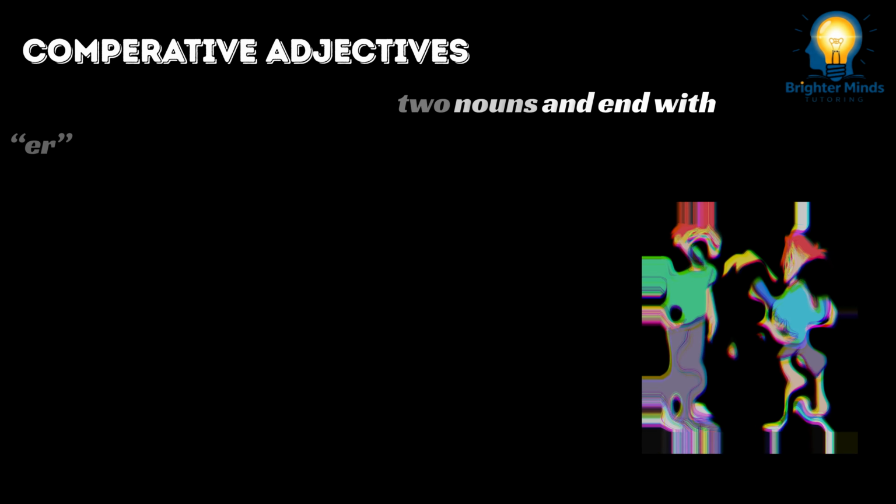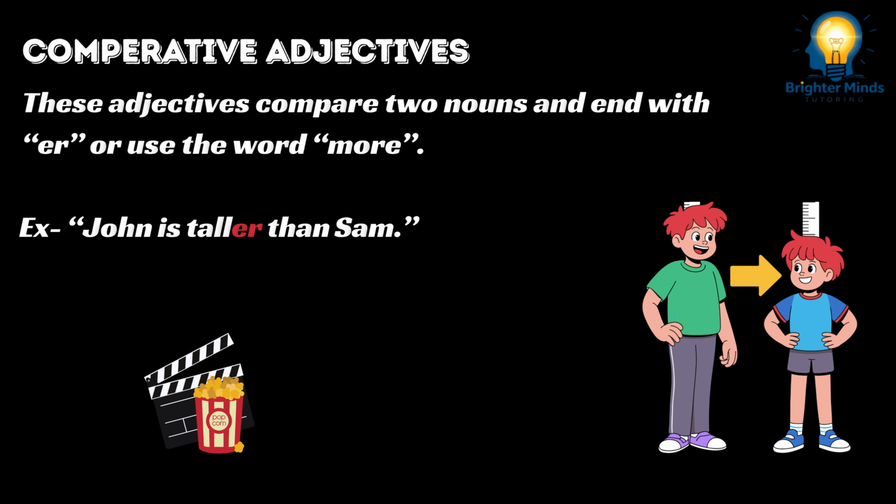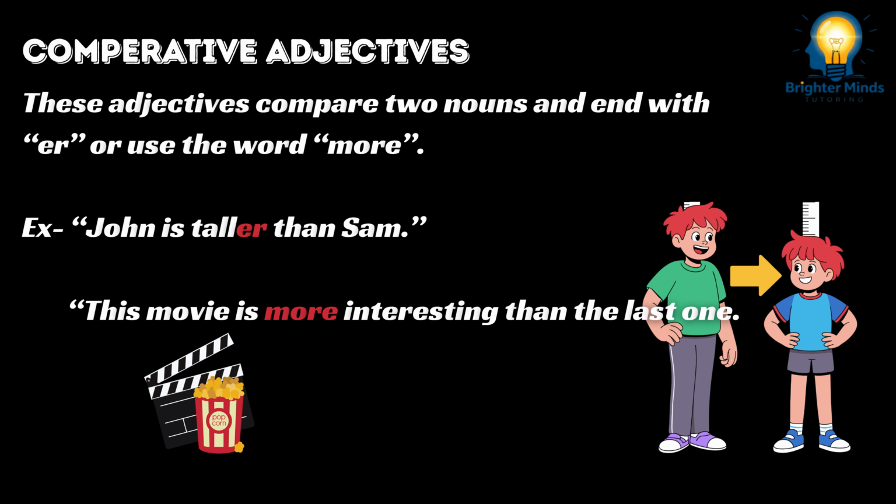Next, we come to comparative and superlative adjectives, which are used to compare things. Comparative adjectives compare two nouns and often end in er or use the word more. For example, John is taller than Sam, or this movie is more interesting than the last one.